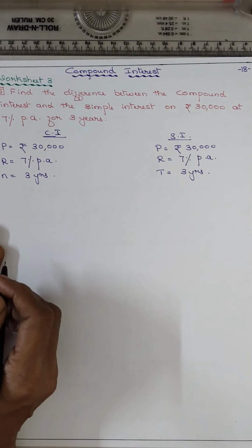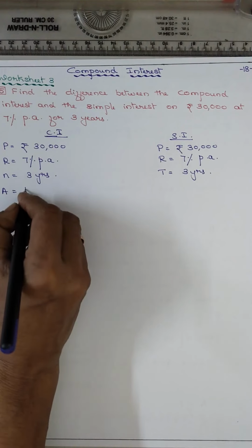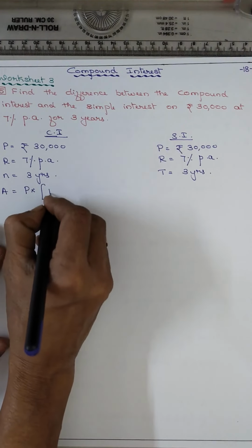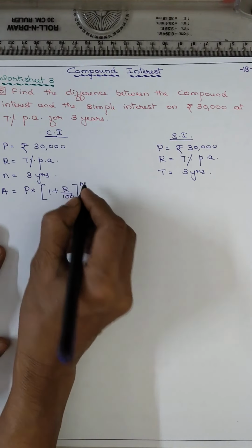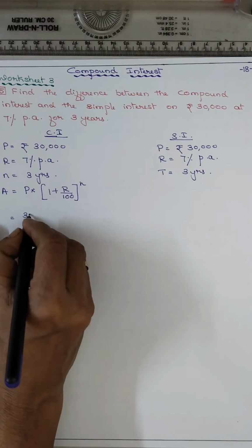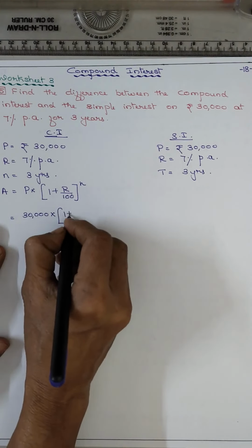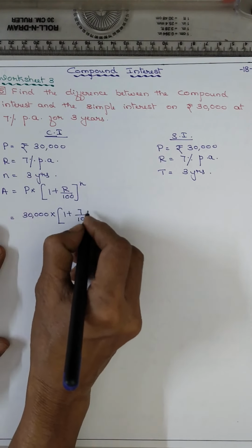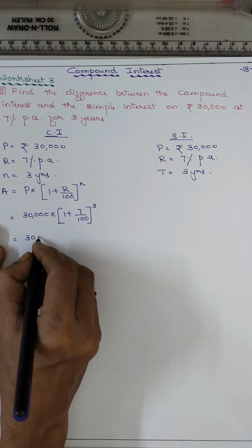So CI, put the formula of A is equal to P into 1 plus R upon 100 the whole raised to N, 30,000 into 1 plus 7 upon 100 the whole raised to 3.